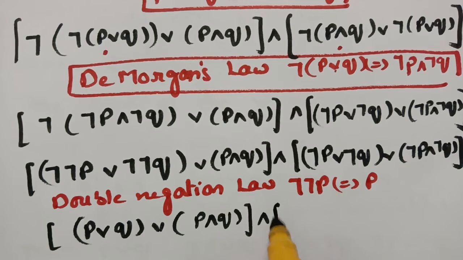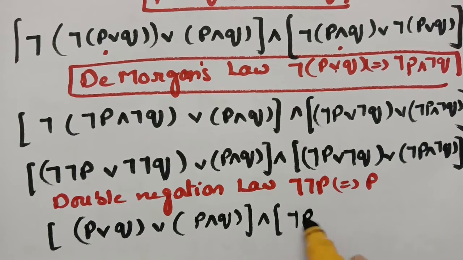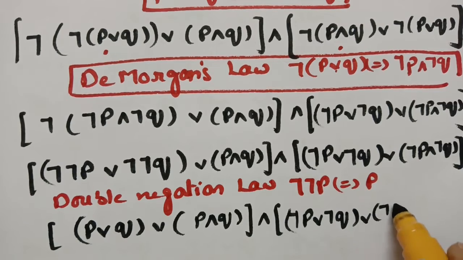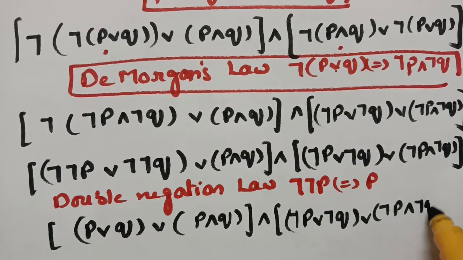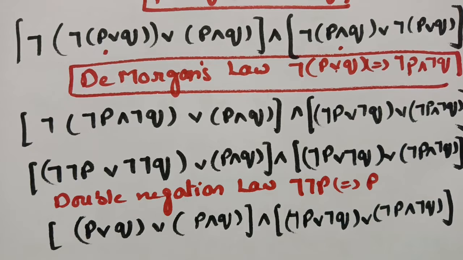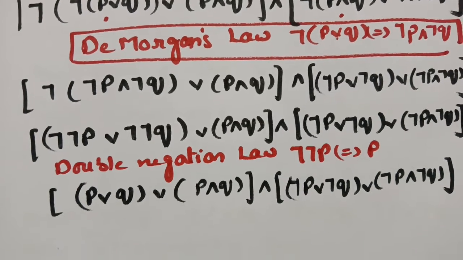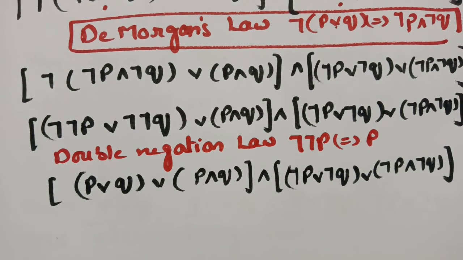Clear? And this will be negation P or negation Q, or negation P and negation Q. Clear? And see, now I'm going to apply the distributive law. If I distribute this one, this P or Q can be distributed.